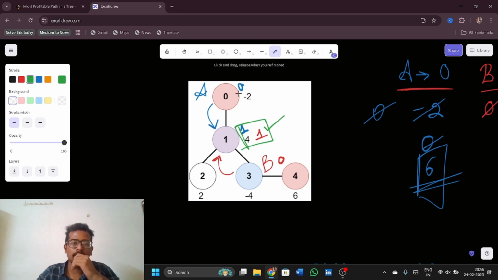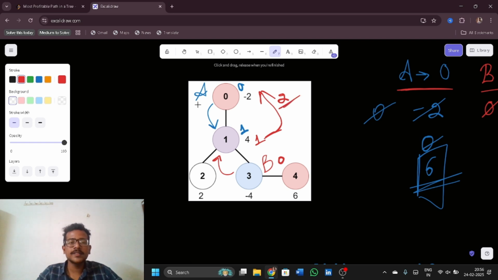But how can I know whether Bob should take the value or Alice should take the value? So if you see, Bob is going from node 3 to node 1 and then he is going to node 0. Bob is going from node 1 to node 0 at the time of 2.